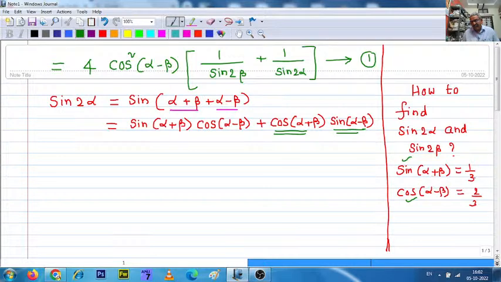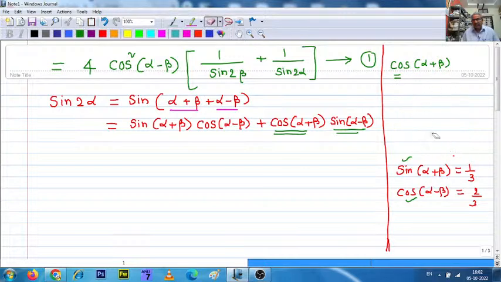As sin alpha plus beta is equal to 1 by 3, we know that cos theta, that means cos of alpha plus beta, is equal to square root of 1 minus sin square alpha plus beta, that is 1 by 3 whole square, 1 by 9.